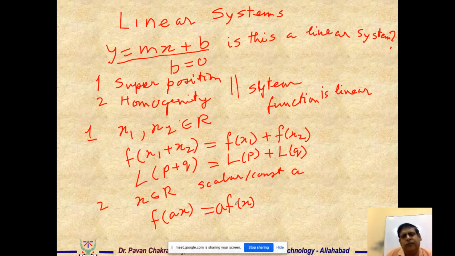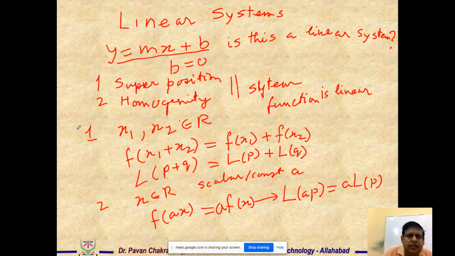A comes out of the function. And in the slide, it is mentioned as L of AP is equal to A L of P. So these are the two conditions.